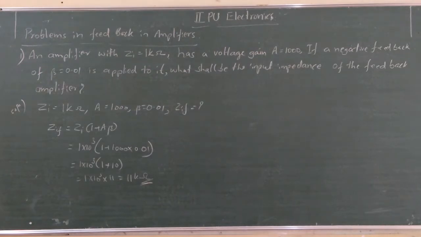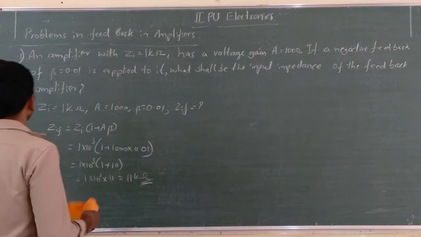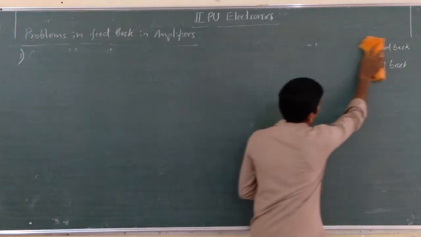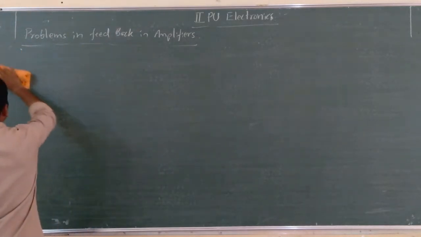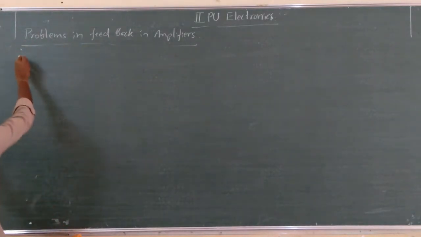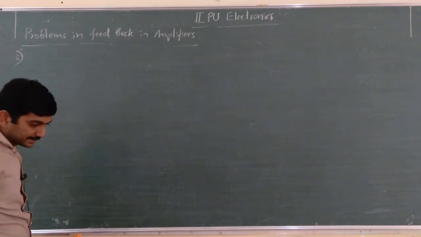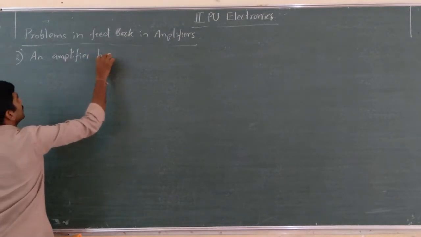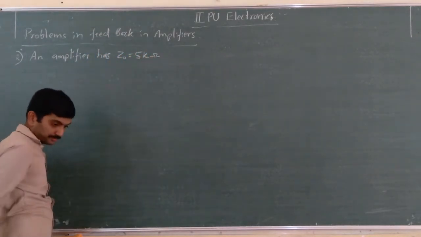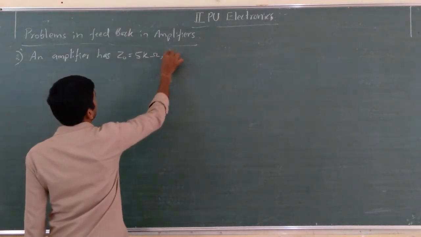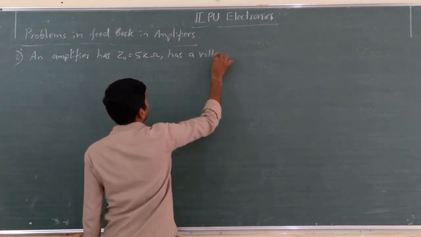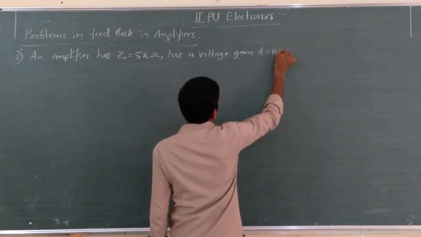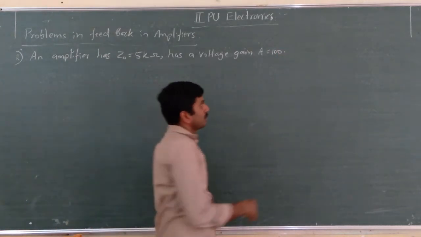The next problem, the second one: an amplifier has Z naught equal to 5 kilo ohm and a voltage gain A equal to 100 and beta equal to 0.02.